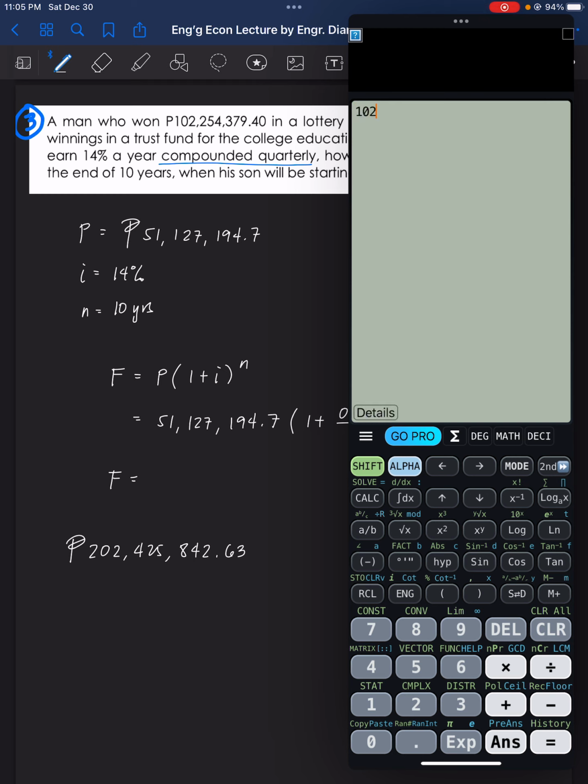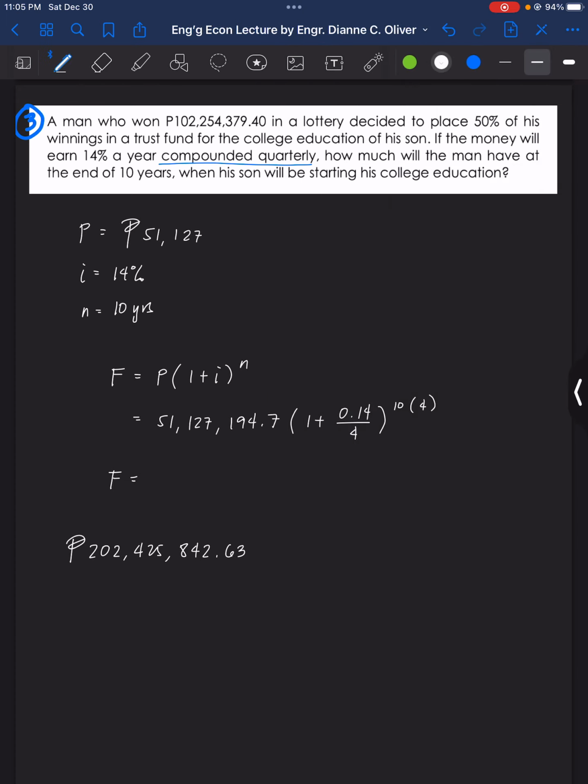So 102,254,379.4 divided by 2 is 51,127,189.7.